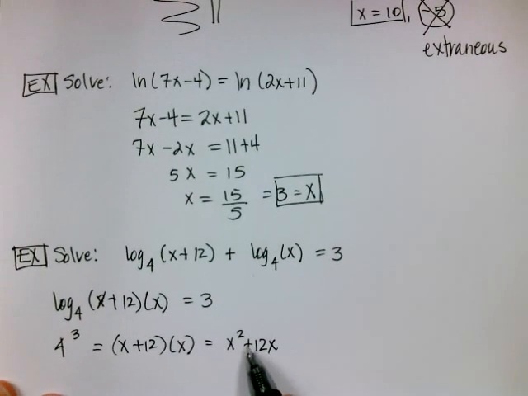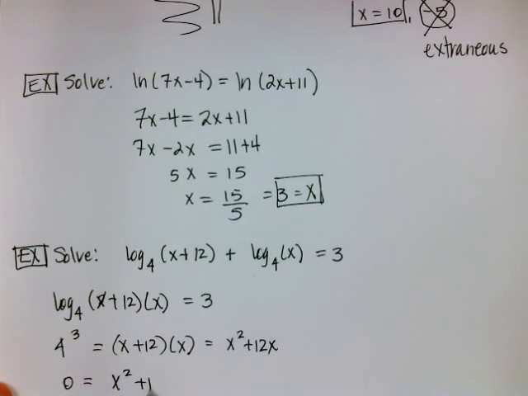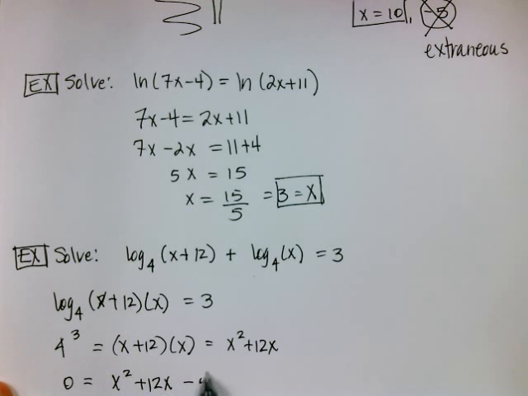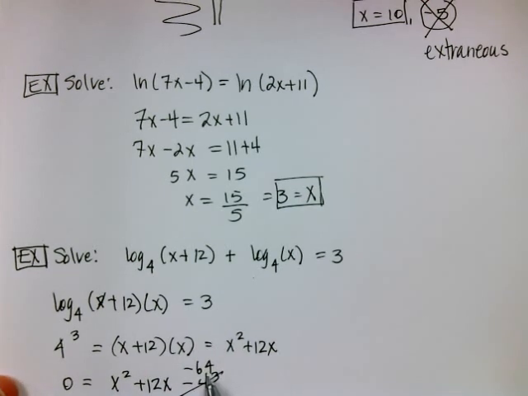Notice that this is a second degree polynomial. It's a quadratic, so I need to take 4 to the third to the other side. So I'm going to get 0 equals x squared plus 12x minus 4 to the third, and 4 to the third is a negative 64. All right, 64 factors to be 16 and 4 to give me 12.